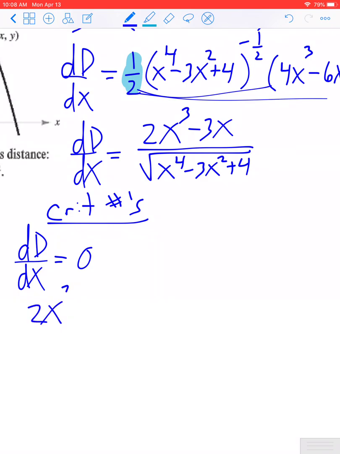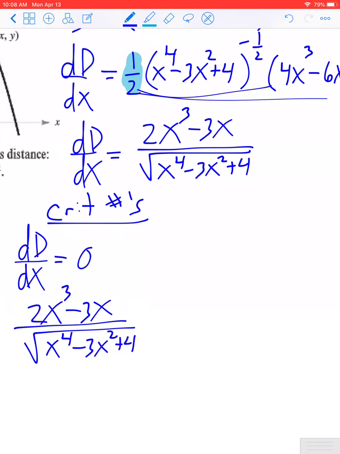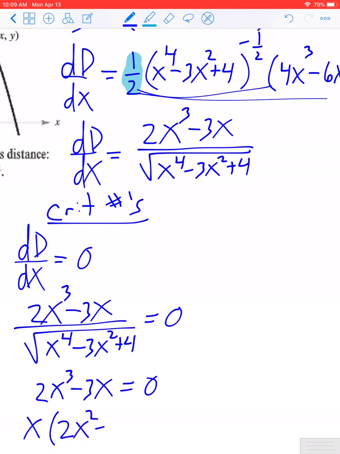2x cubed minus 3x, all divided by the square root of x to the fourth minus 3x squared plus 4 equals 0. Clear fractions by multiplying both sides by the square root. We would get 2x cubed minus 3x equals 0. We can solve this by factoring out the x. We get the quantity 2x squared minus 3 times x equals 0.